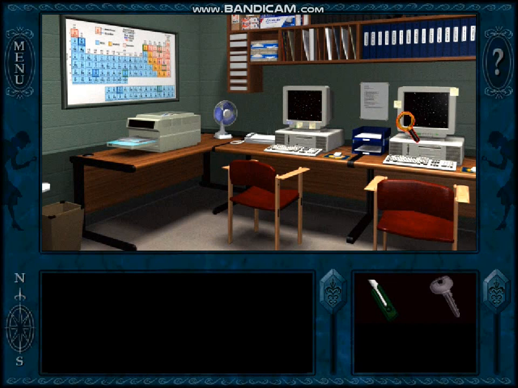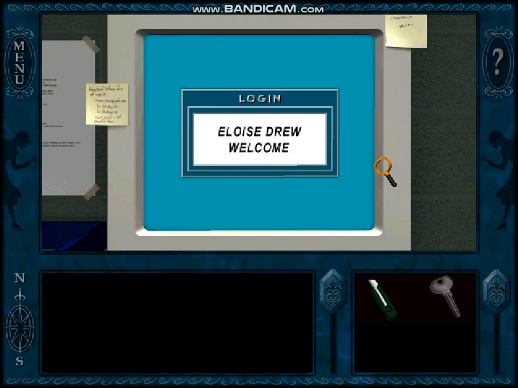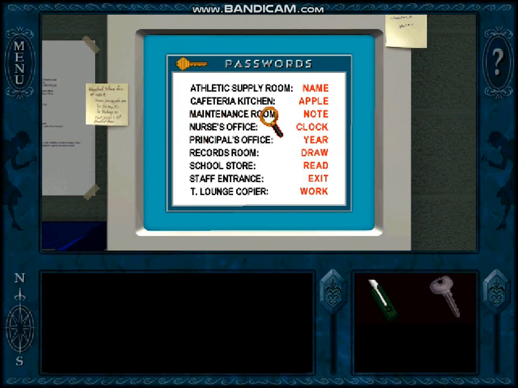And right now what we need to do is go to the computer and type in Eloise Drew. And then the password is L. We're headed to the computer, and the password for the maintenance room is notes.